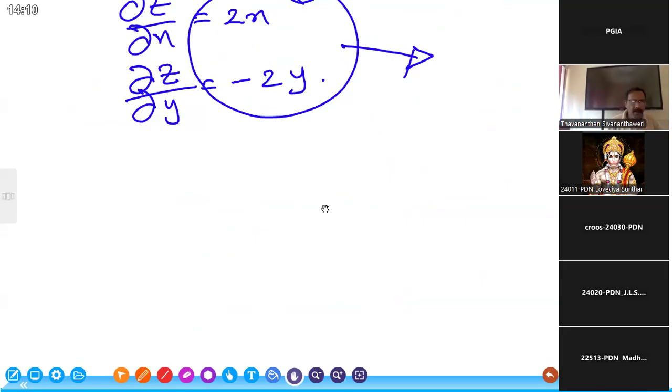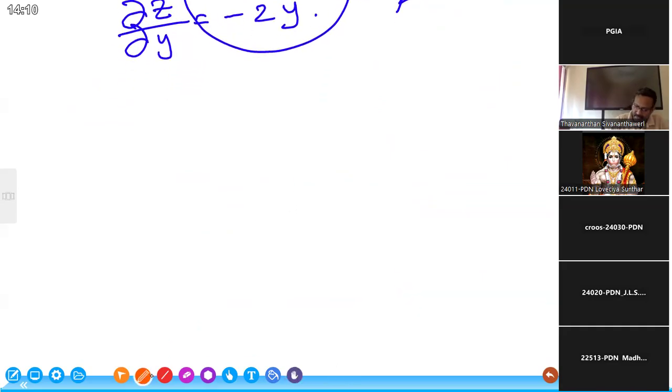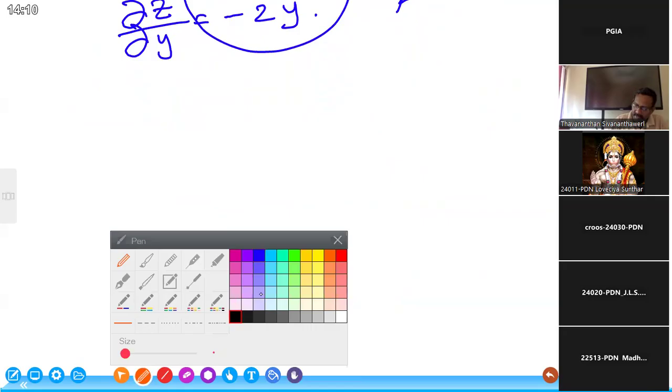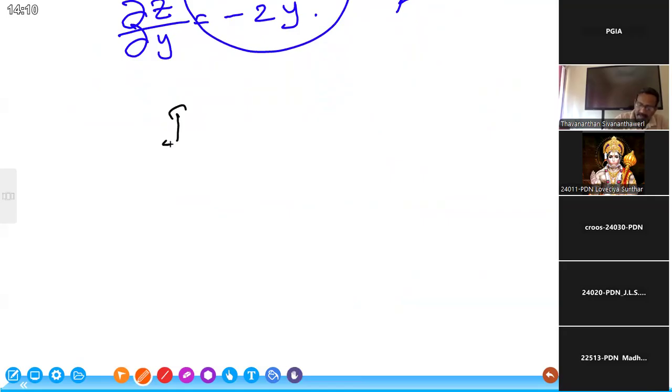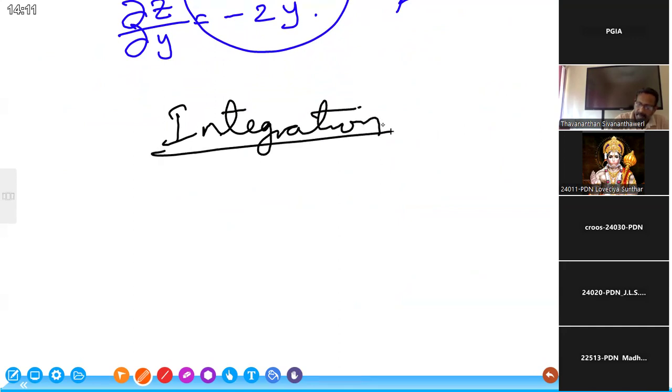Right. Now we are going to move to a new section that is called integration. The new section will be on integration.